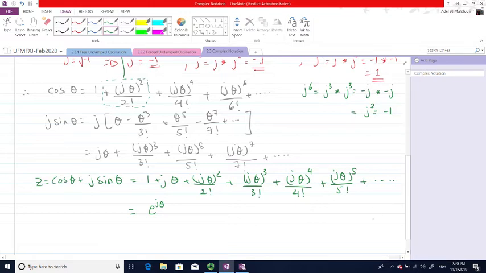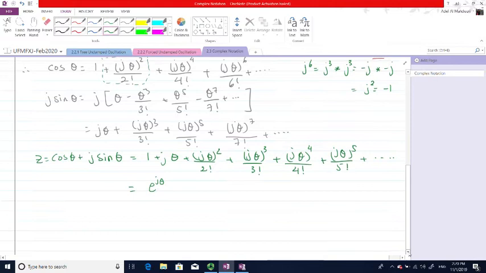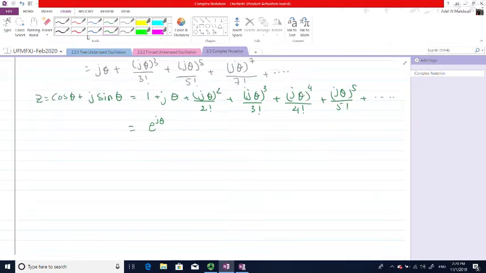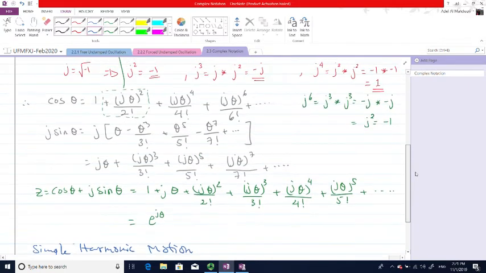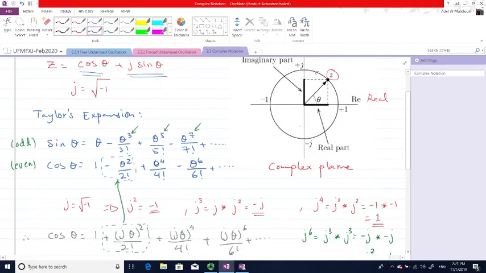If we think about simple harmonic motion, you remember simple harmonic motion, we have to think about how fast the oscillation works. So z is going to rotate.